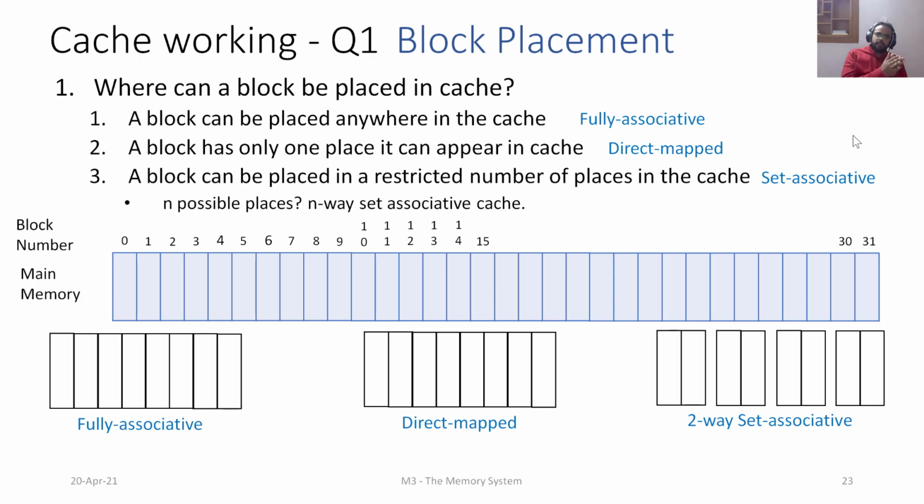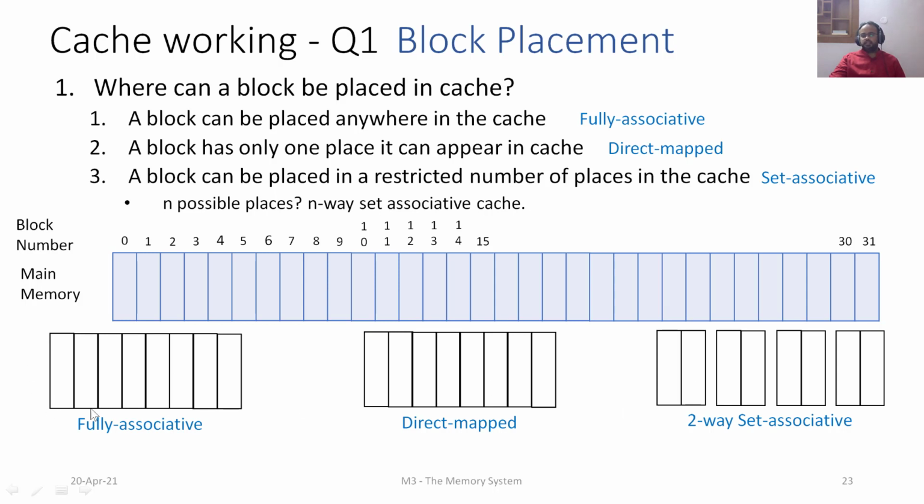Accordingly, we saw three different types of mappings. One is fully associative mapping, the second is direct mapping, and the third is a middle ground of both, which is set associative mapping. As an example, we saw that there is a main memory of size 32 blocks, and we have three caches here, each of size 8 blocks.